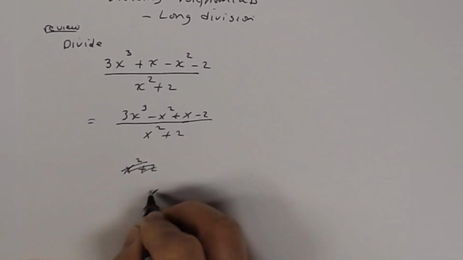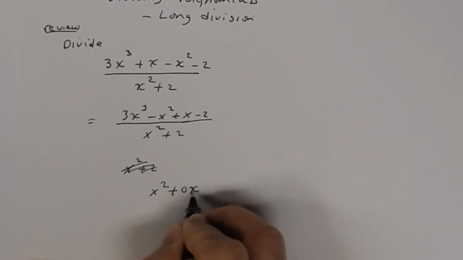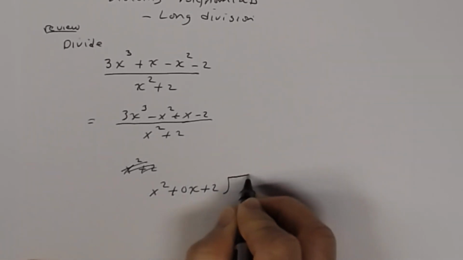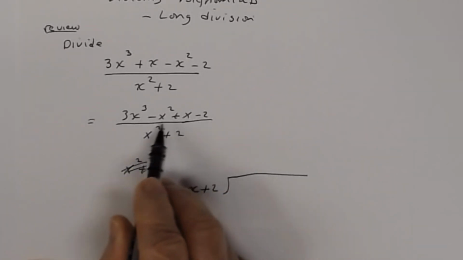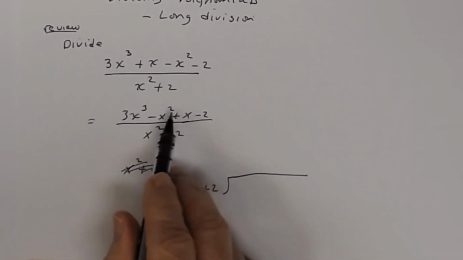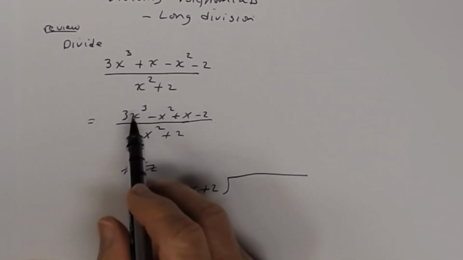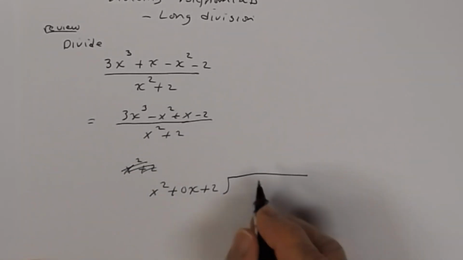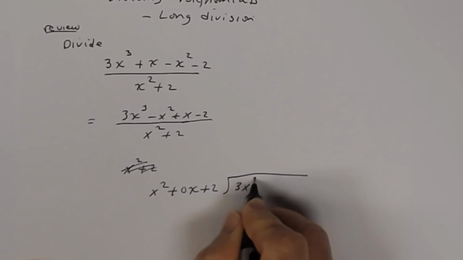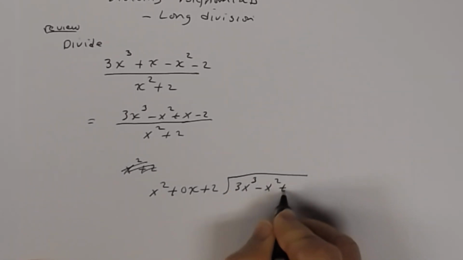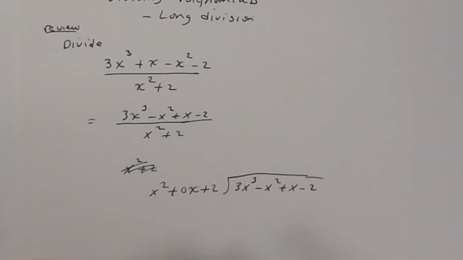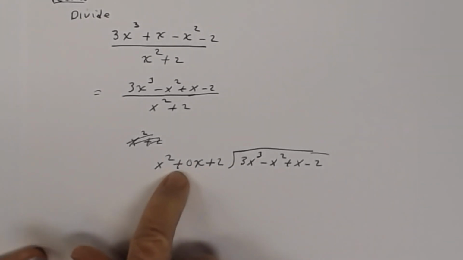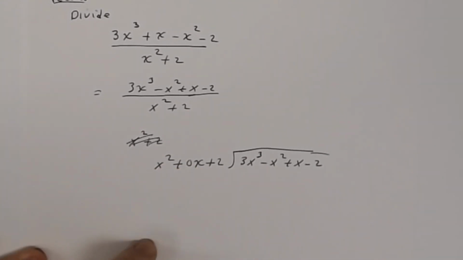So we're going to write it as x squared plus 0x plus 2 divided into the numerator, where I'm not missing any terms. I have an x cubed, an x squared, an x, and my constant. So I'm going to get 3x cubed minus x squared plus x minus 2. In this case, the only missing term was that x term, so you have to write it as 0 times x.